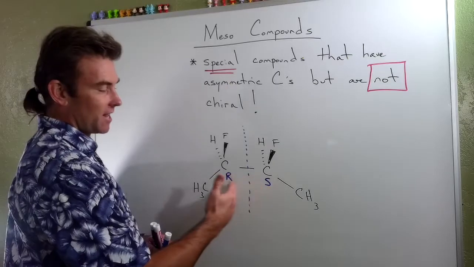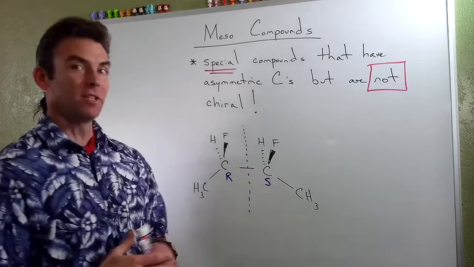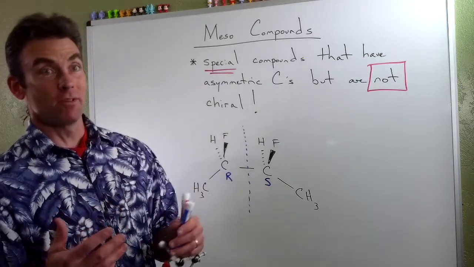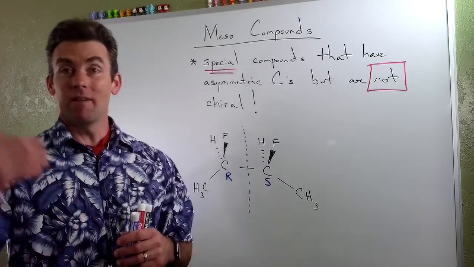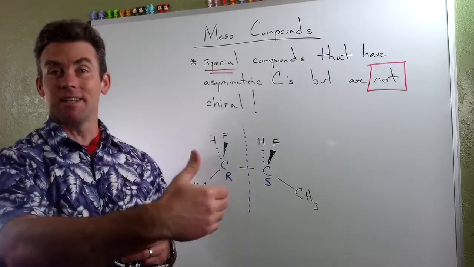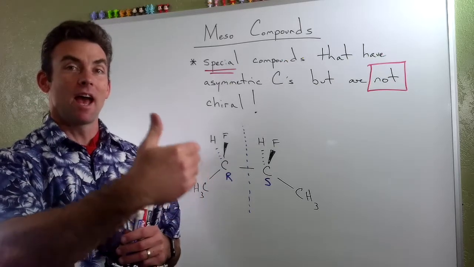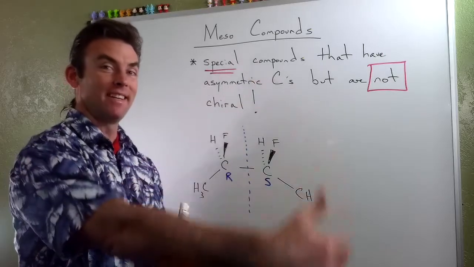So you could imagine if it wasn't just 2 asymmetric carbons, what if it was 20? Well, in those 20 asymmetric carbons, whatever the RS, RS, RS of those 10 on the left side has to be the exact opposite from the right side, right?